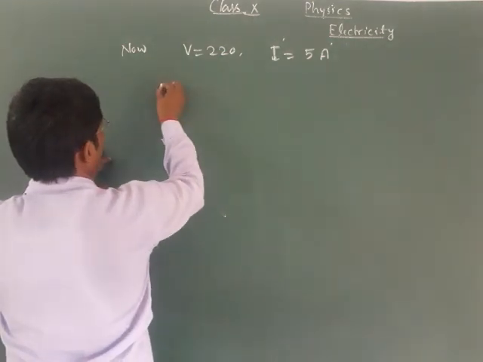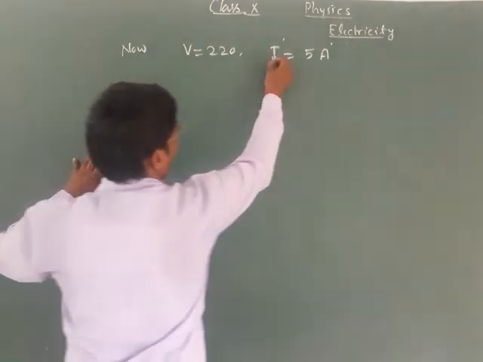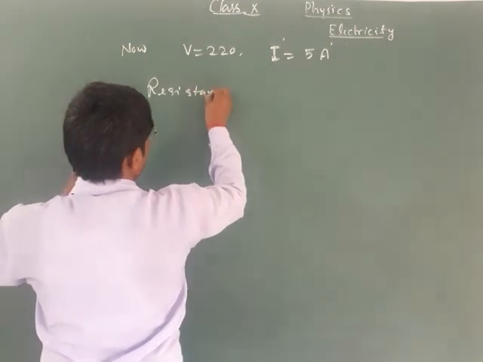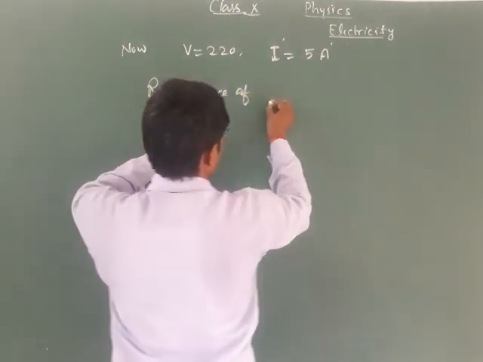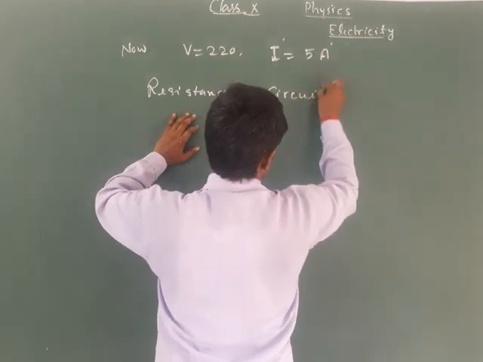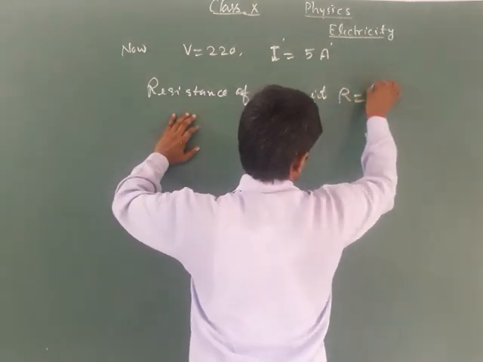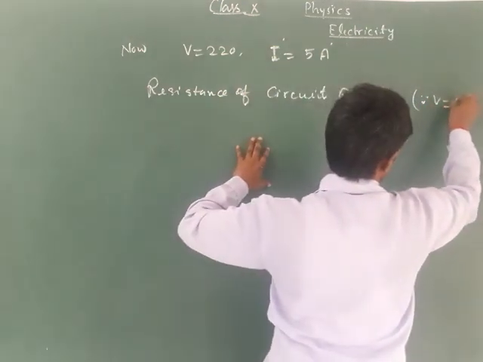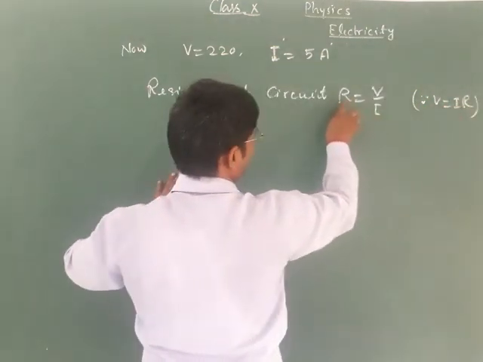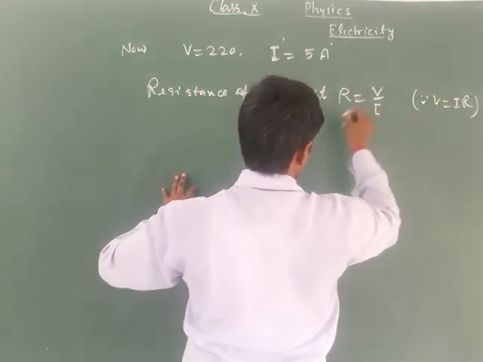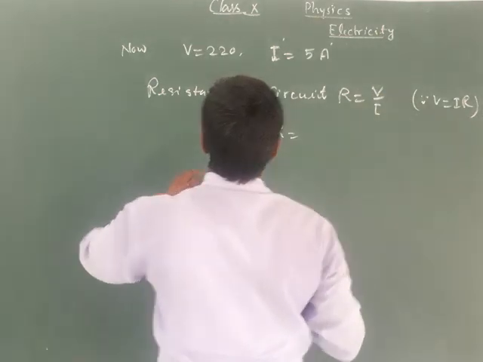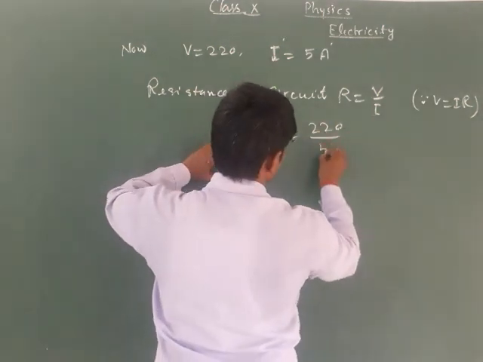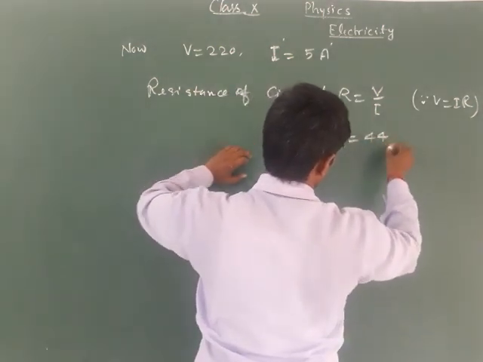So the resistance of the circuit R is equal to V by I, since by Ohm's law V is equal to I R. So R is equal to 220 divided by 5, so this is 44 ohm.